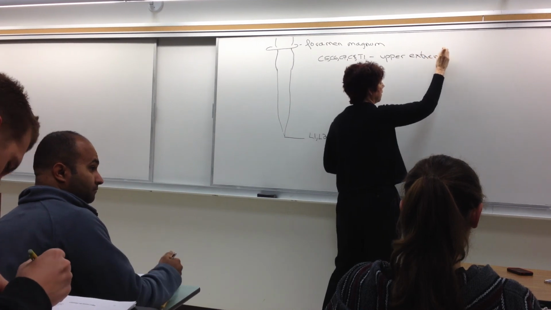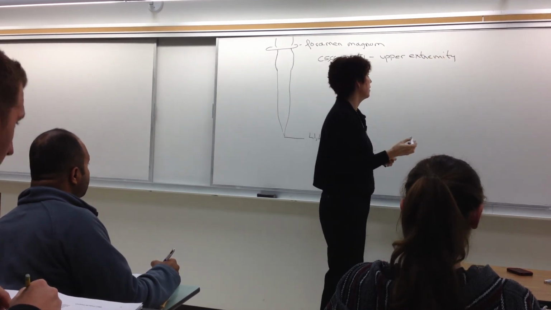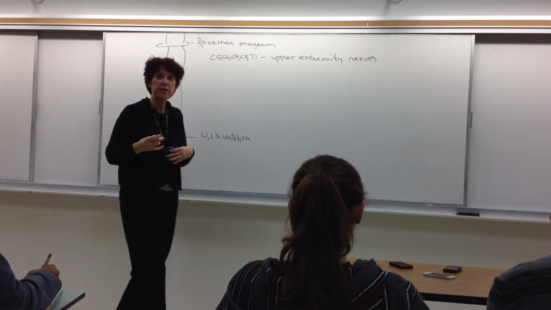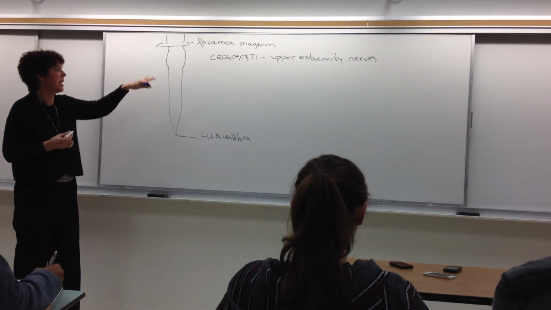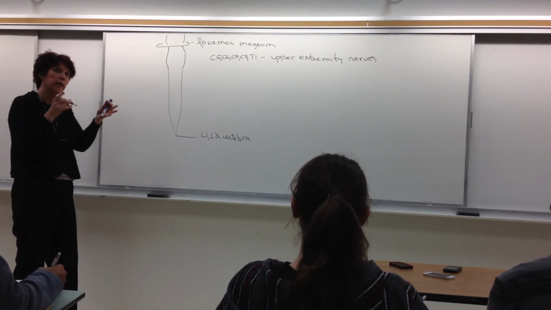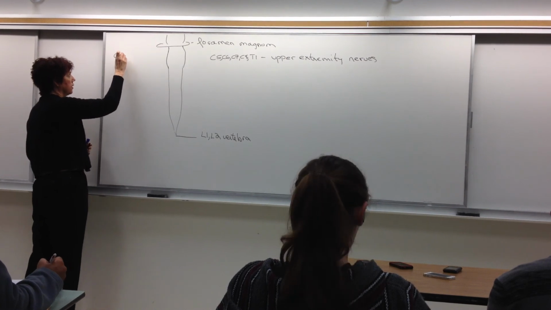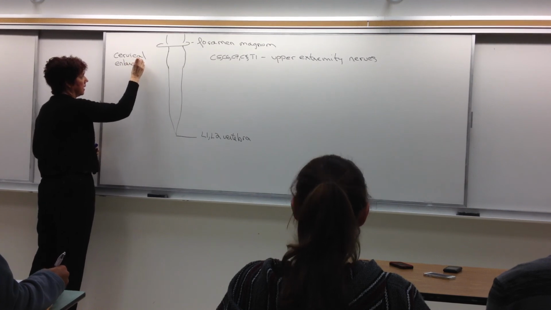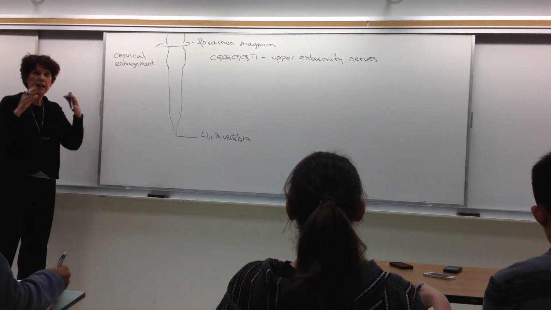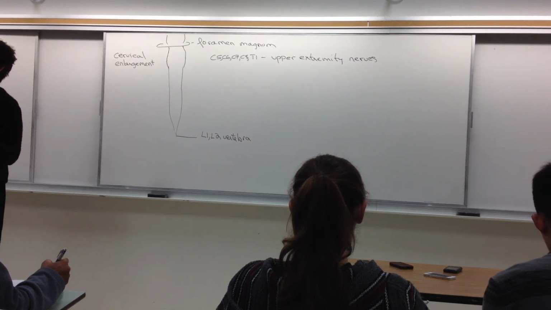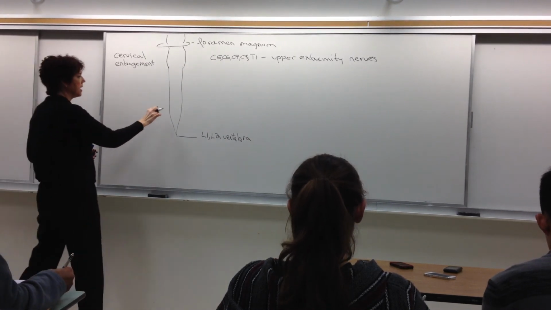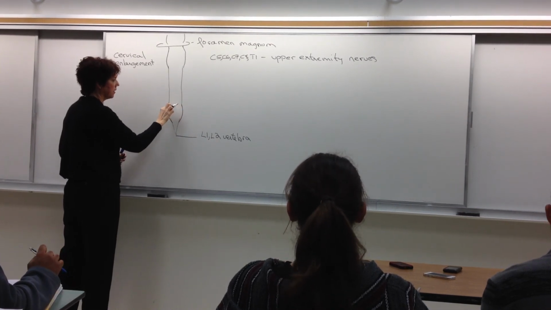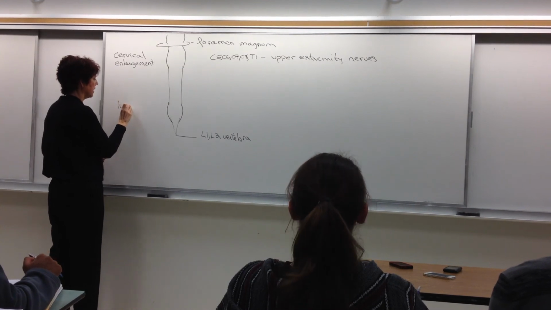And with those additional cell bodies in the anterior gray horn and the additional sensory information coming back from the upper extremity, this creates a dilation, if you will, an enlargement known as the cervical enlargement. It's not like a big ganglion there, it's not a big knot, it's a slight enlargement. And then we see another one, a little more subtle, down in the lower area, known as the lumbar enlargement.